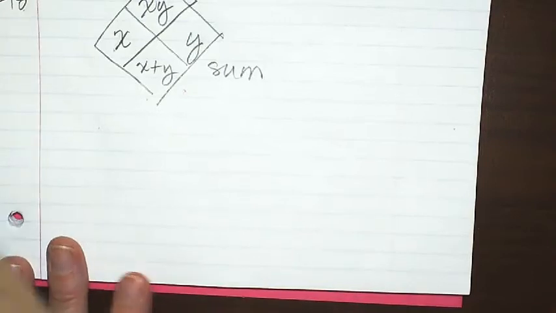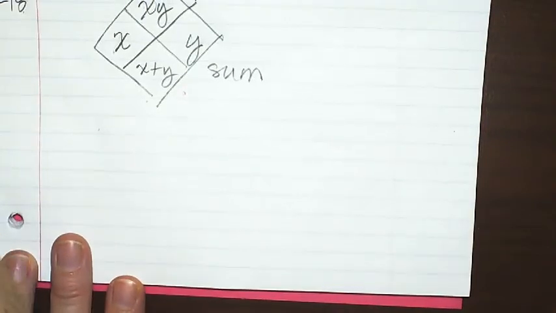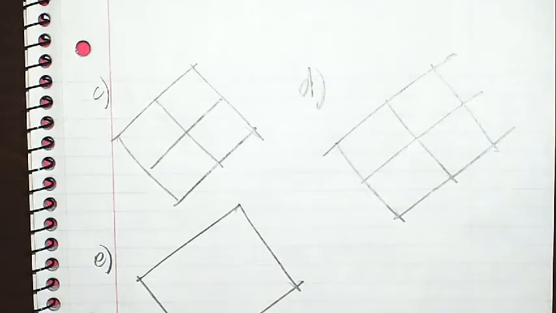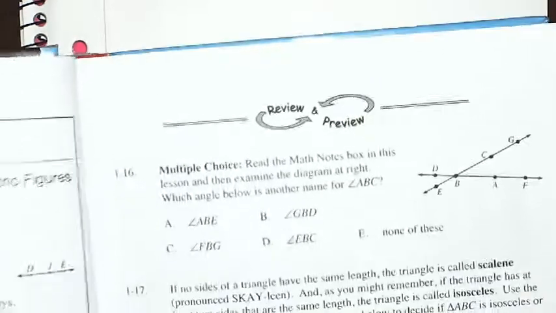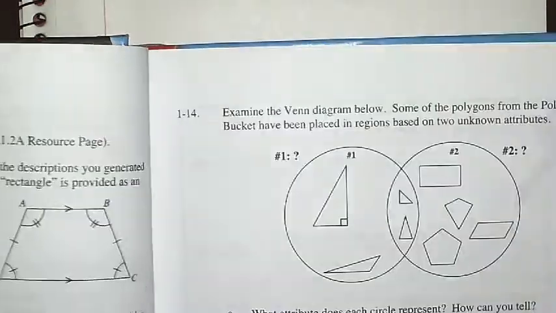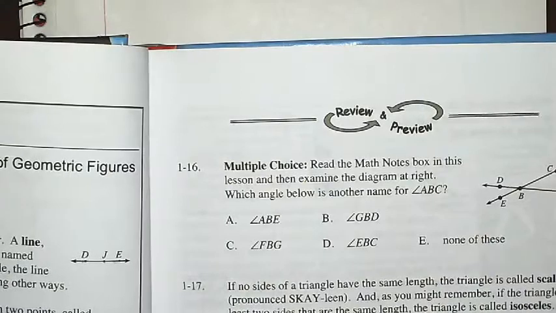I'm going to pause this, so maybe pause the video and draw the 5 diamonds that we have. Also, I just realized I flipped over to this lesson and I forgot to tell you this, I'm in lesson 112. So we're doing a couple problems from 111 and a few problems from 112.